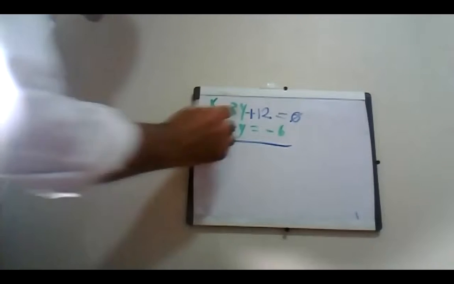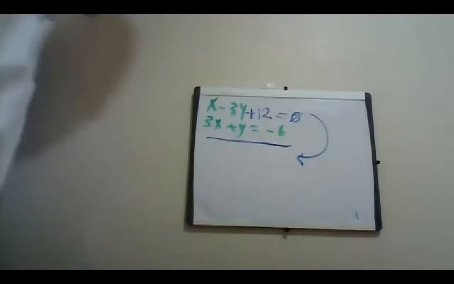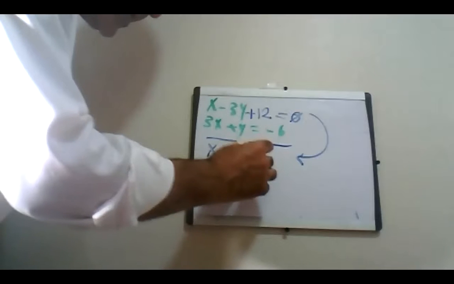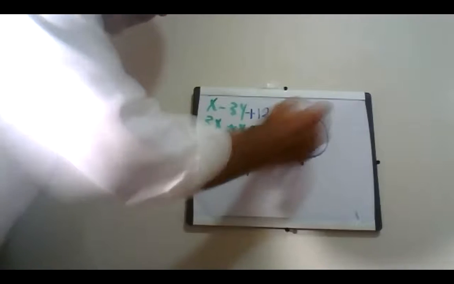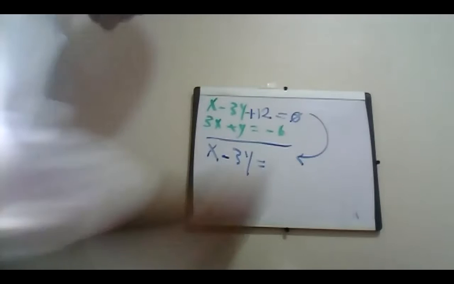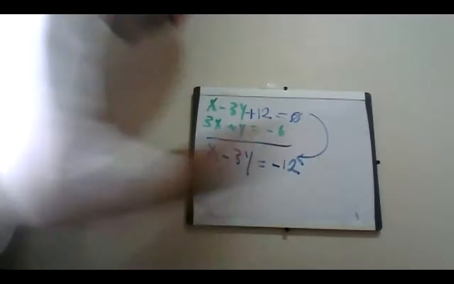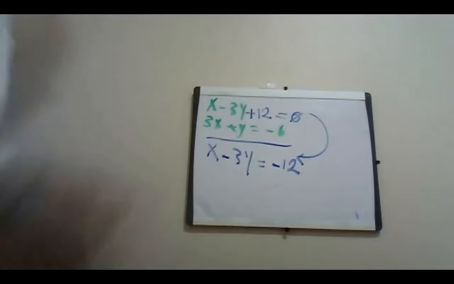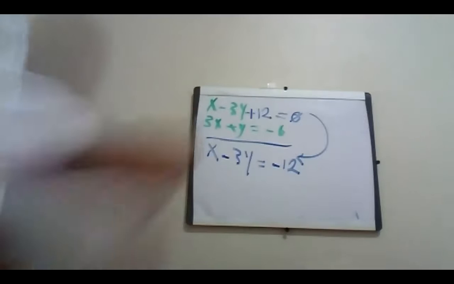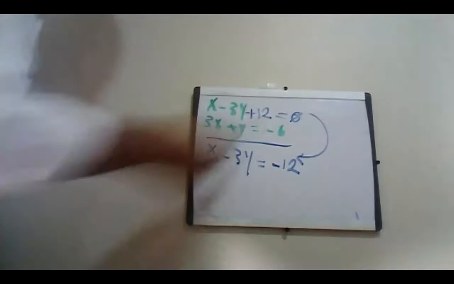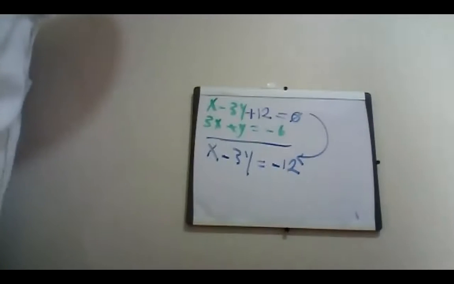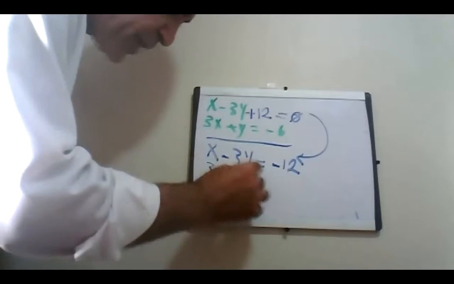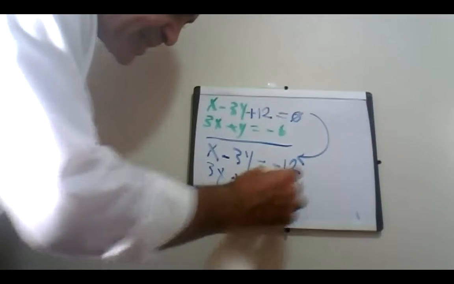So it will be like this for the first equation: x minus 3y equals, I will move the numbers all together to the other side, minus 12. Same one which you had before, the same figure. But I'm just telling you, if it comes in this way, then you have to put the x and y on one side and the numbers on the other side. But the second equation, no worries, it's the same, nothing has changed. Plus y equals minus 6.